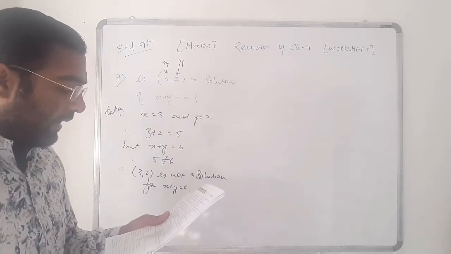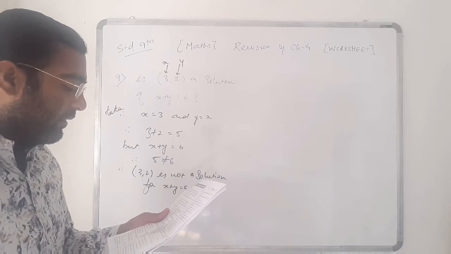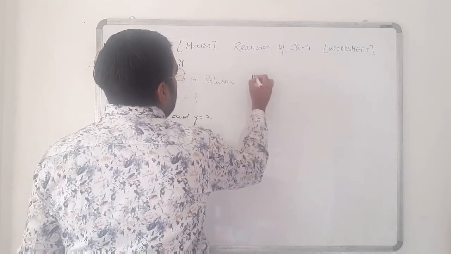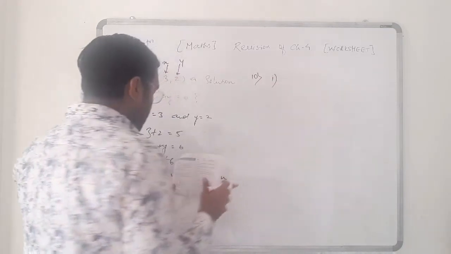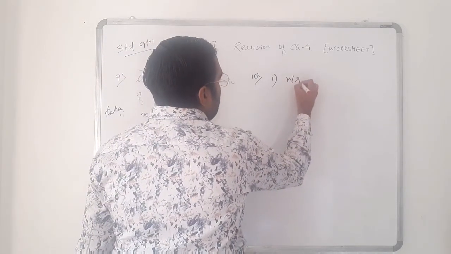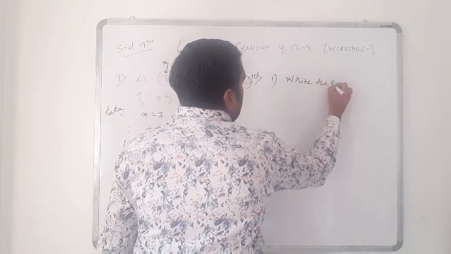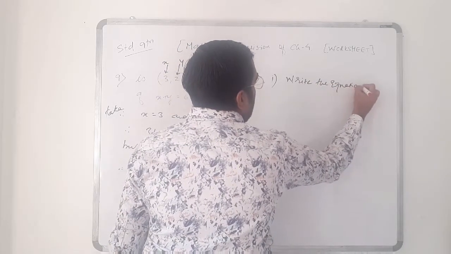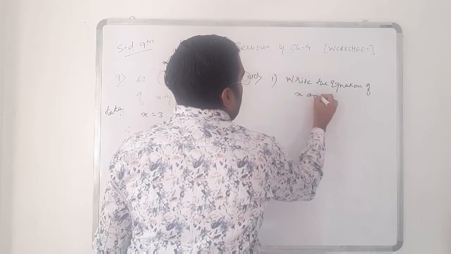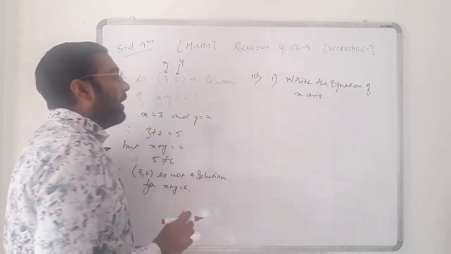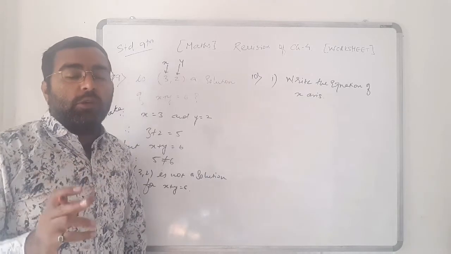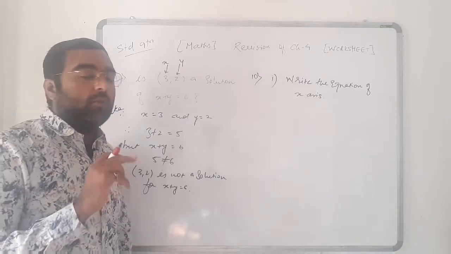Now the second one: write the equation of x axis and write the equation of y axis. Question number 10. First one, write the equation of x axis. Here we are writing the equation in one variable as well as two variables.